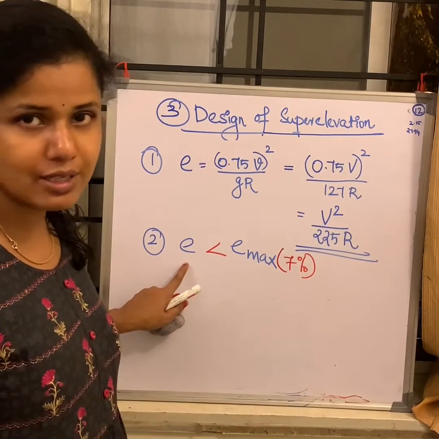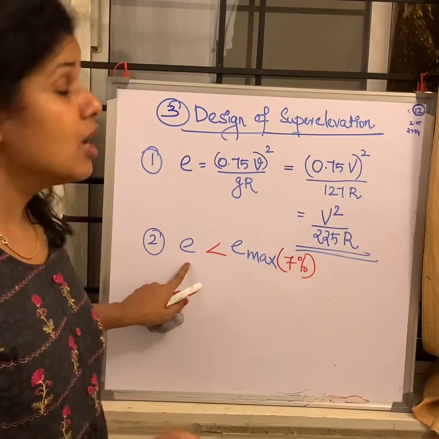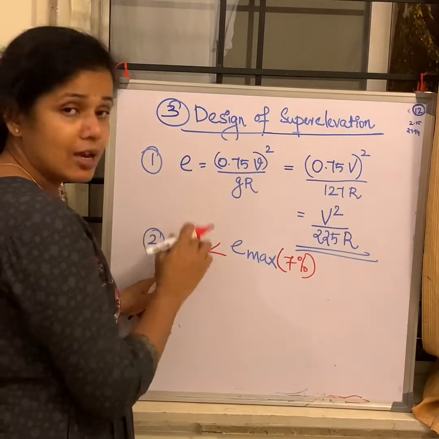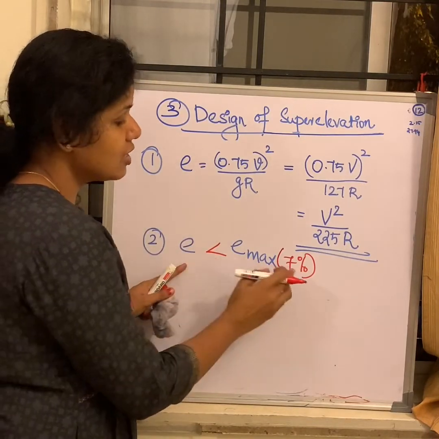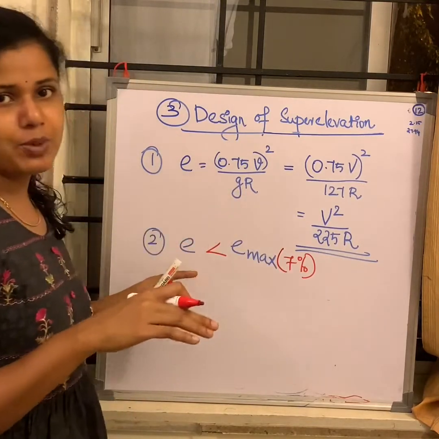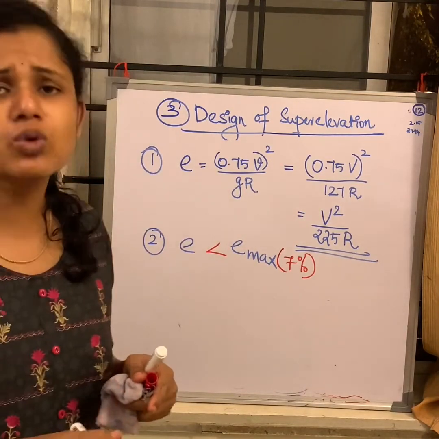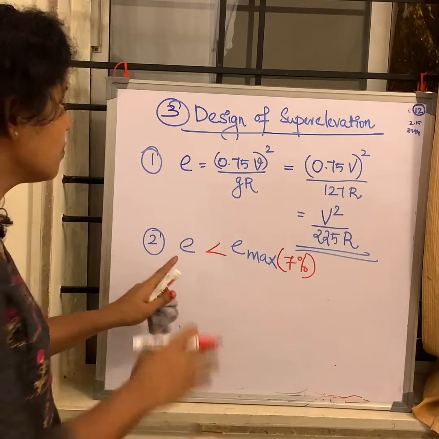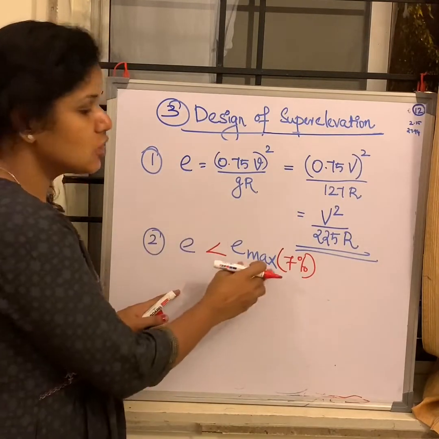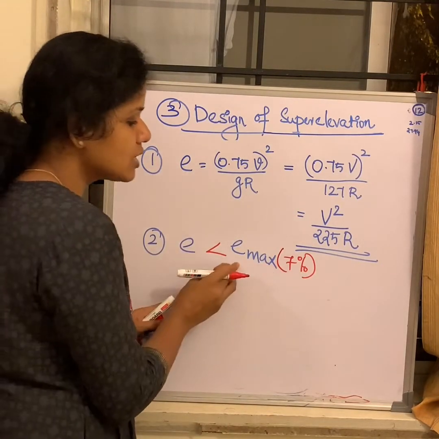We can consider that value if it is less. Now, if I get the calculated value of super elevation higher than 7%, more than 7%, that means I have to limit my value. I cannot proceed with a value which is higher than 7%.